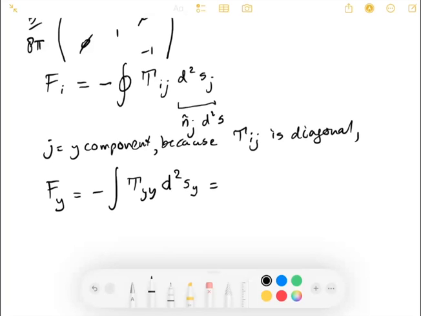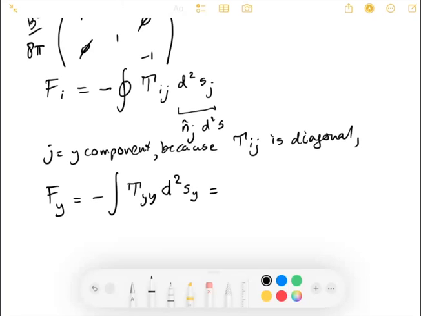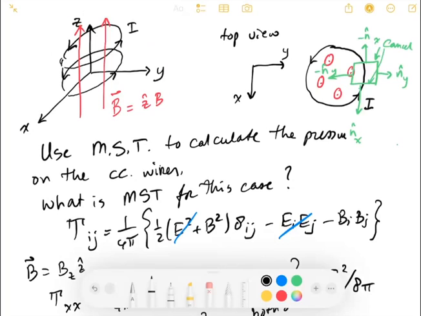The thing we need to worry about also is that when we're looking at this green box, the stress tensor is non-zero on the left face. So Tyy is non-zero on the left face, but Tyy on the right face is zero.